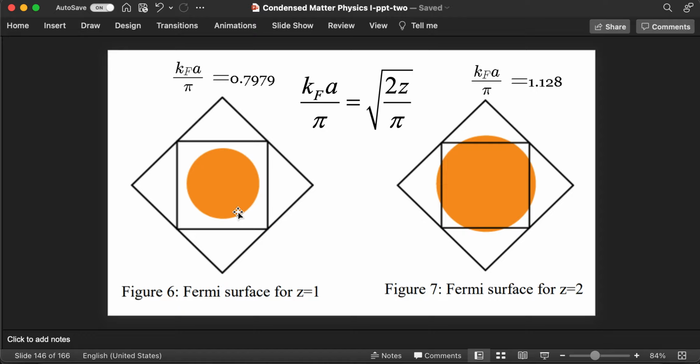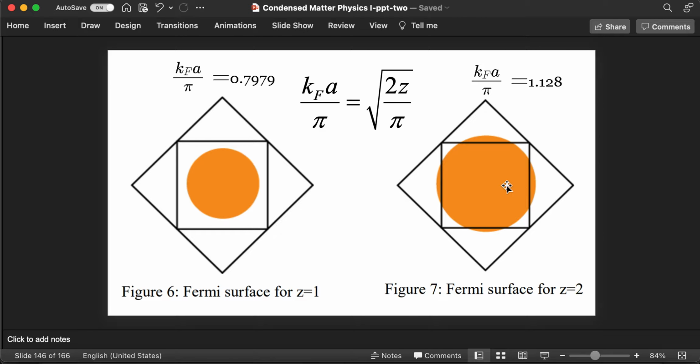The Fermi circle lies entirely inside the first zone. Kf a by pi is 0.79, and if I make Z equal to 2, then you have this kind of a picture. You can see here that Kf a by pi is 1.128.